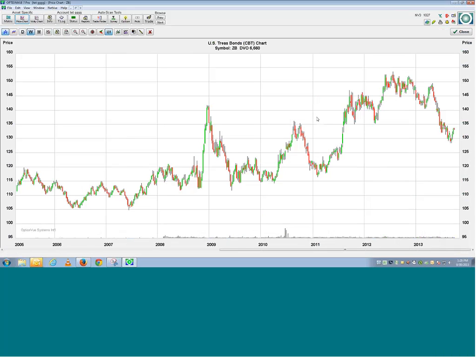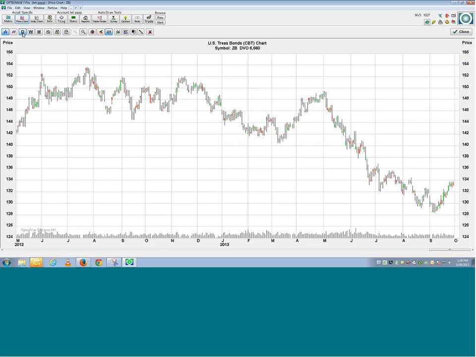Let's say that you wanted to go bearish at this point. Let's see. If you were to go bearish right now, what would your target be, I guess? One could say it's going to go retest this 128, 128.5, say.